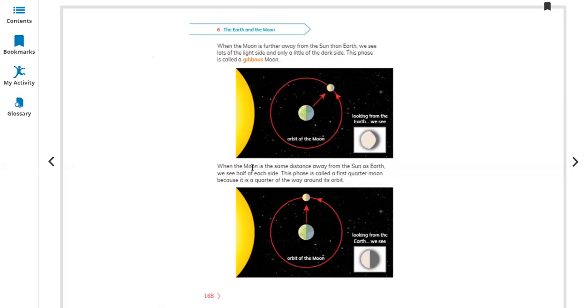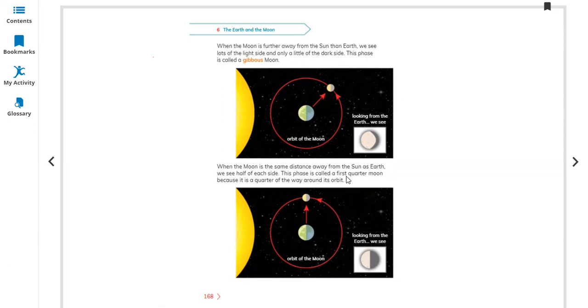When the moon is the same distance away from the sun as Earth, we see half of each side, because the moon is taking light from the sun. As it's showing us, we will see something like this. So we can see half of each side.